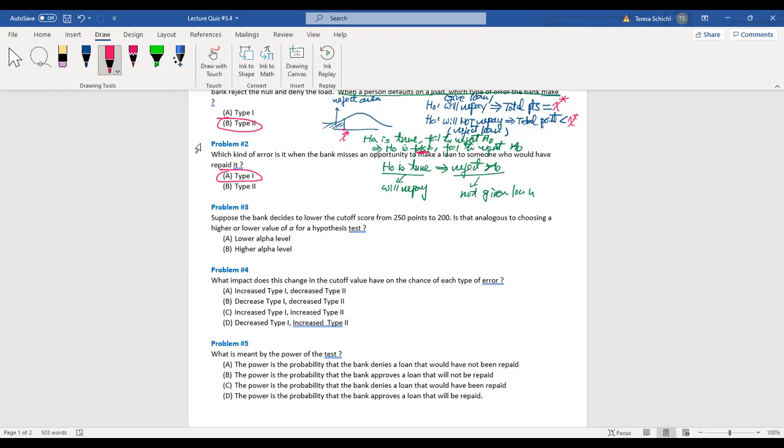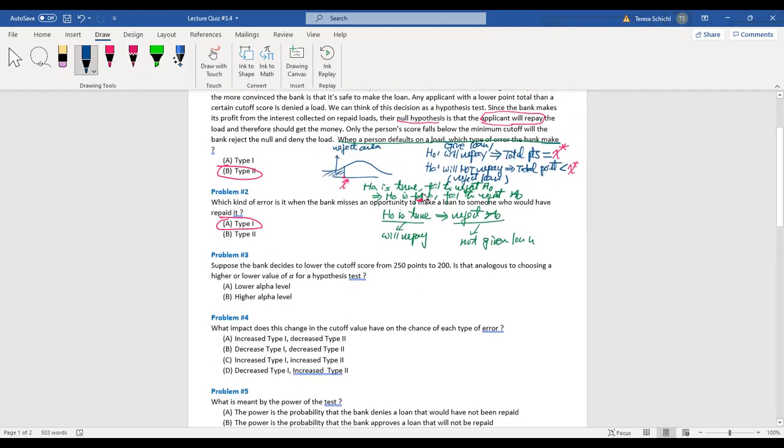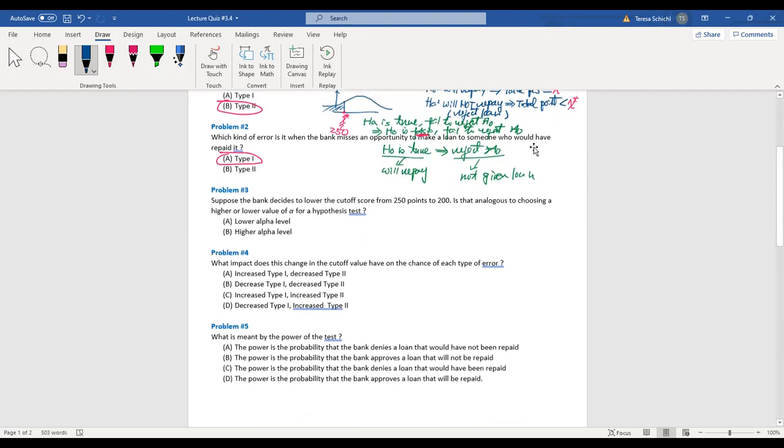Okay, so now number 3 is here. We said, suppose the bank decides to lower the cutoff score from 250 to 200. So the original cutoff is 250, right? And now the bank says, all right, I'm going to lower that.